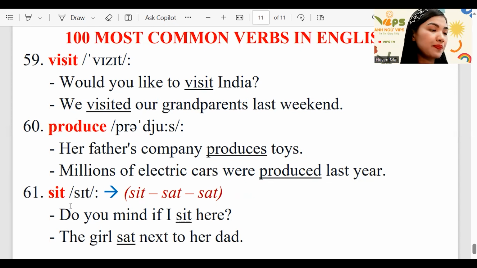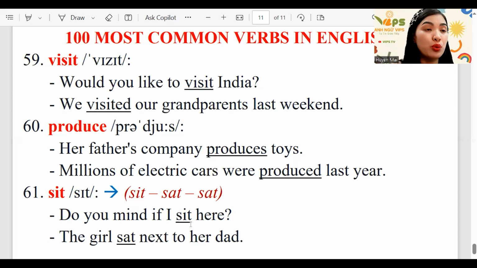61. Sit. Sit, irregular, so we use sit, sat. Do you mind if I sit here? Do you mind if, and then a subject, and then a verb infinitive base form. But if you use would, would you mind if, a subject, and then the verb here we have to use in past simple form.